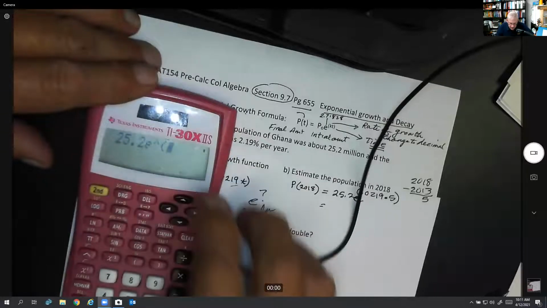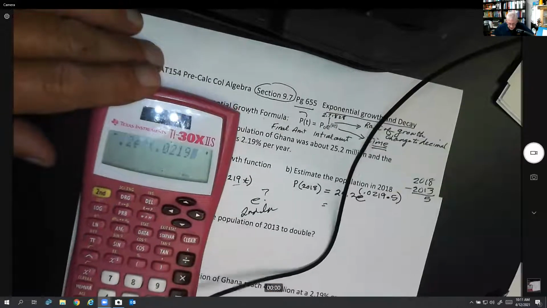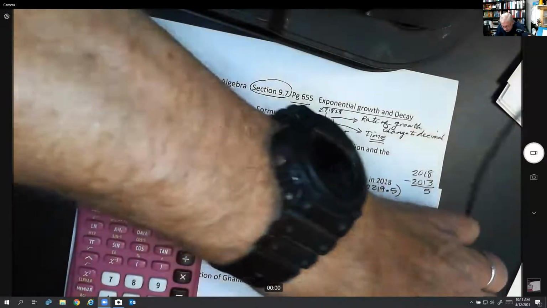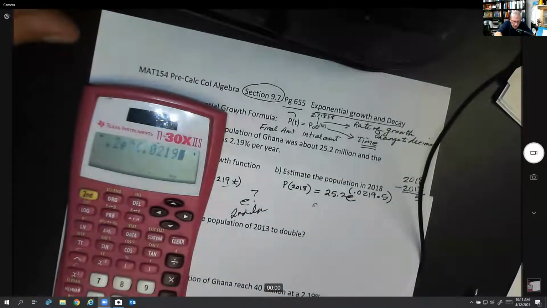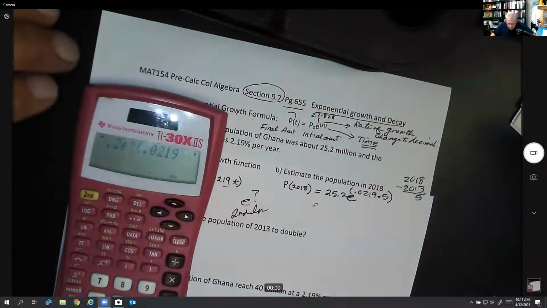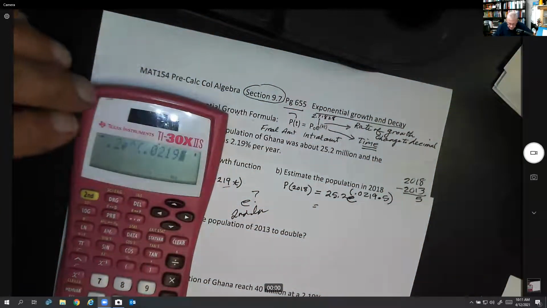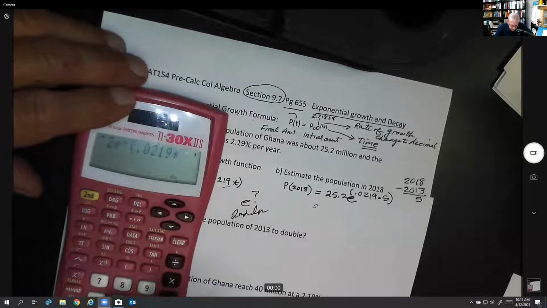And you see it already has the parentheses, 0.0219. I've got this cord coming around here. Maybe I'll put this over here, then I'm going to be out of the way. 0.0219 times 5.